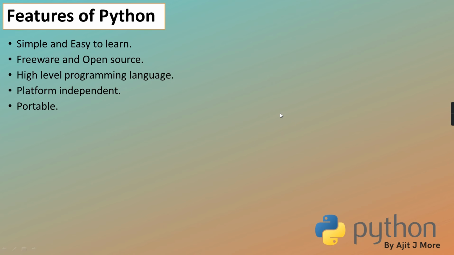Like JVMs are available for all systems, PVMs are also available for all systems. So please don't confuse between platform independency and portability. Platform independency means your source code will remain same, irrespective of any OS. And portability means you can run the same bytecode on any system. Means compile once and run anywhere. That is the principle.